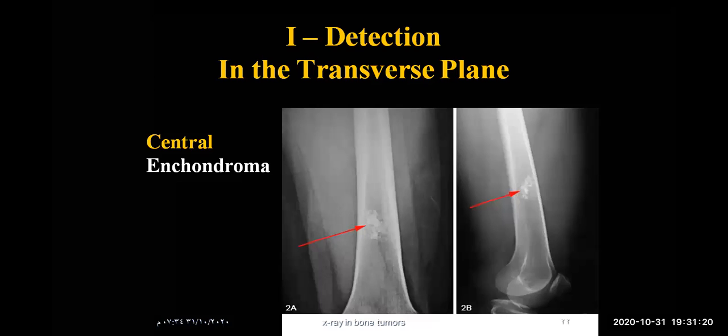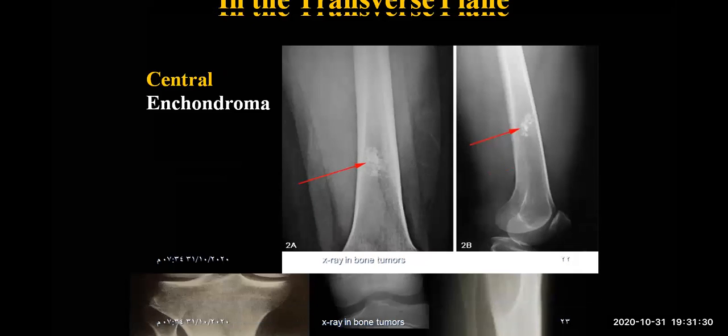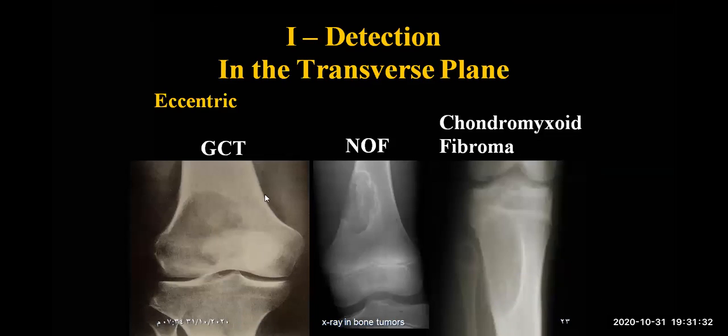So the central or the concentric lesions include enchondroma. The eccentric ones, like non-ossifying fibroma, IBC, chondromyxoid fibroma, these are eccentric, on one side of the bone.